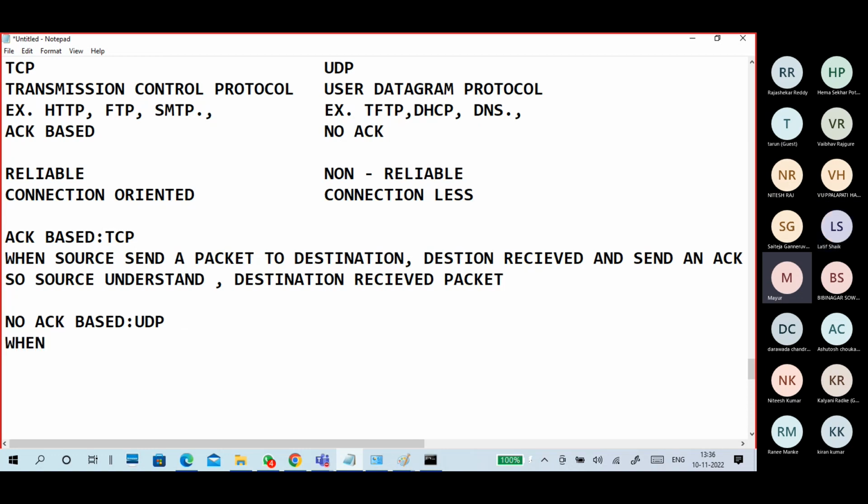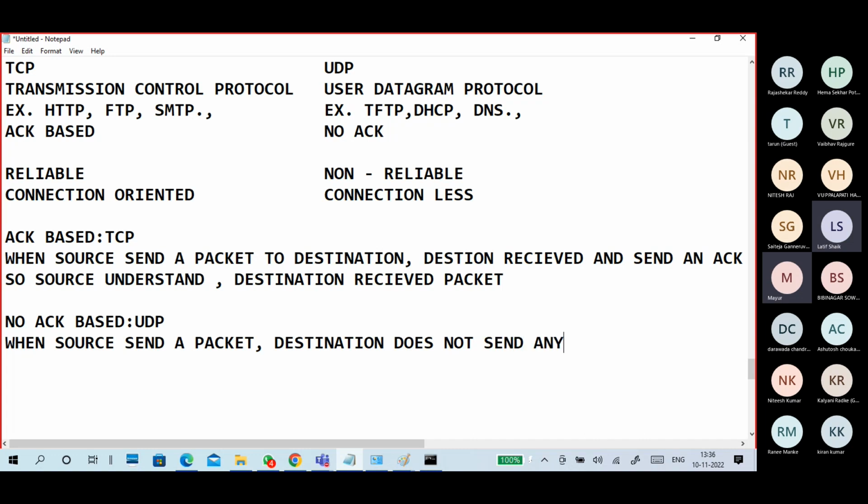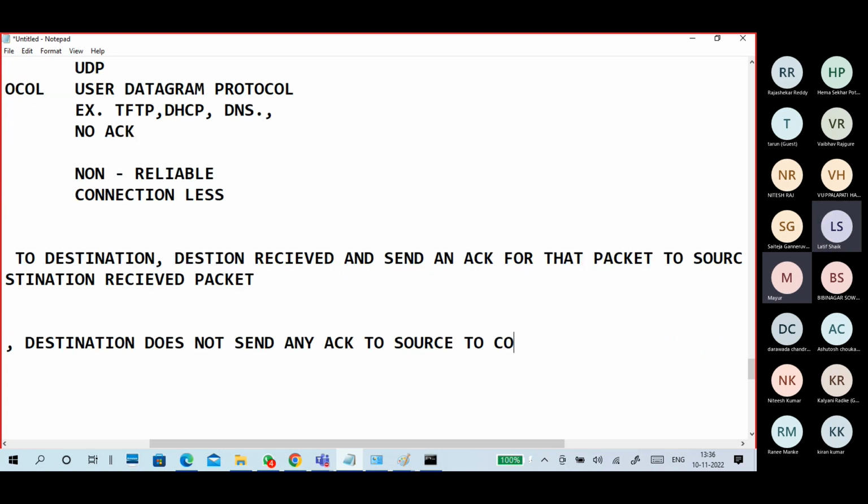When the source sends a packet to the destination, the destination does not send any acknowledgement to the source to confirm the packet is received.